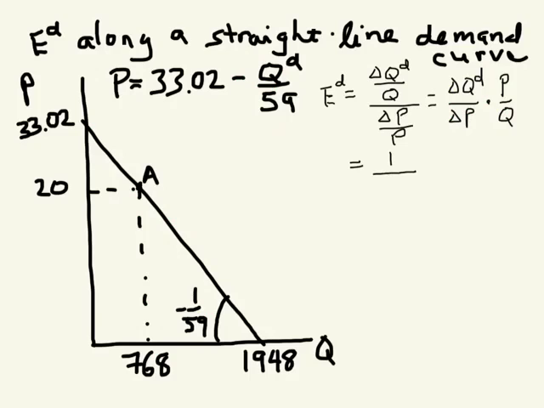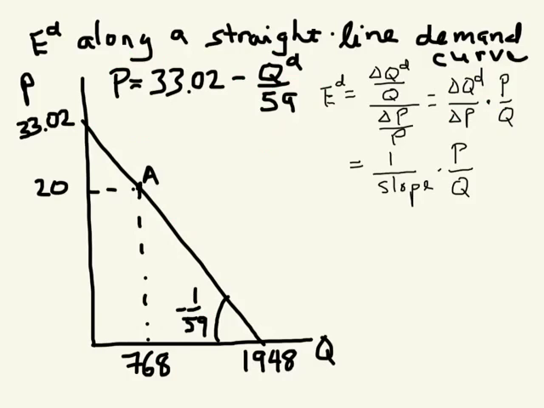We can rewrite our expression for the elasticity of demand as 1 over the slope of a straight line demand curve written in this form where price is the dependent variable. It's just 1 over the slope times whatever the level of price is that we're talking about, divided by whatever the level of quantity we're talking about.